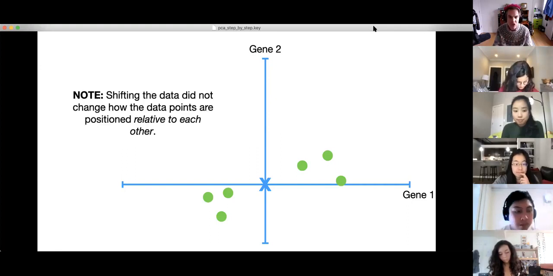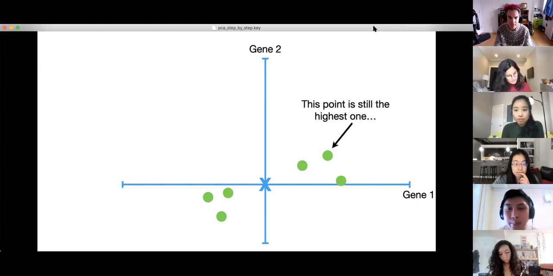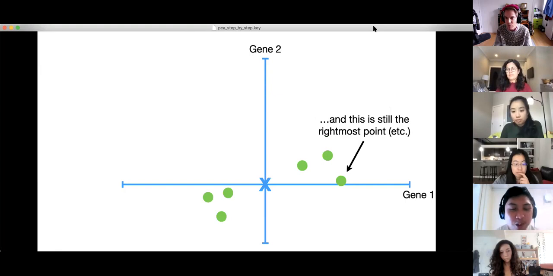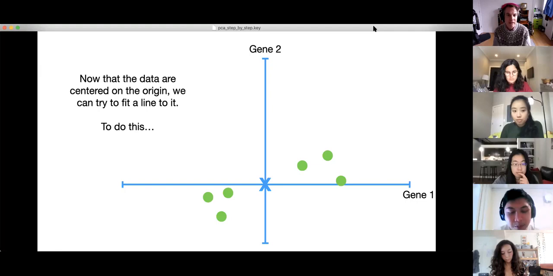Note, shifting the data did not change how the data points are positioned relative to each other. This point is still the highest one, and this point is still the rightmost point. So the relationship between the data has been preserved. All we've done is just move it. Okay, now that the data are centered on the origin, we can try to fit a line to it.